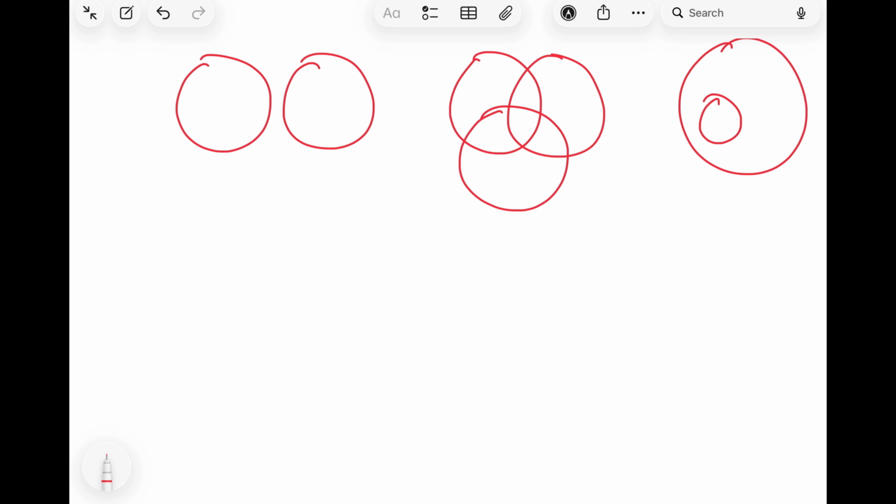There are 2-3 things which we need to understand when we draw the Venn diagram. First thing is these 2 symbols, U and this one, which are very important. What do these symbols stand for? This is union, and this symbol is intersection.